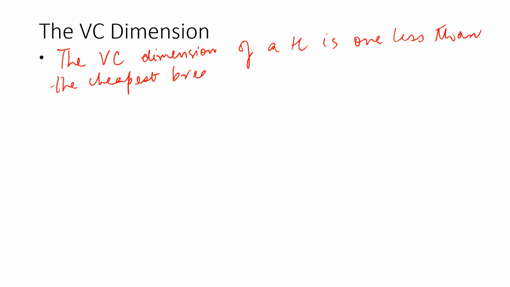What is this cheapest breakpoint? If you remember, breakpoints are essentially points above which you cannot shatter anymore, so the cheapest is the smallest breakpoint. This VC dimension is denoted by d_VC, and it's nothing but K star minus 1.